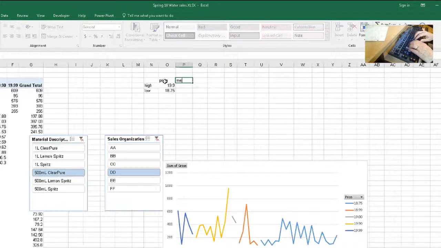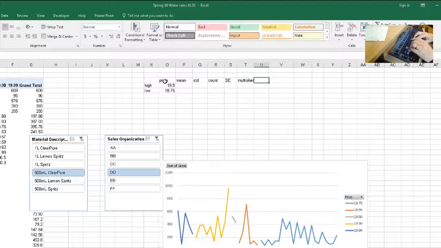And then I want to get the average gross, and then I want to get the standard deviation, and I want to get the count, and then I want to calculate the standard error, and then I want to have a multiplier, and then I'll also look at the confidence interval associated with that multiplier and that standard error.